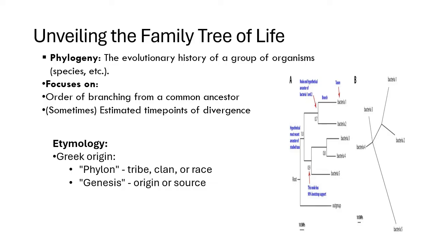Just like physical features can run in families, you can see people have similar eyes, nose, fingers, hair, microorganisms also inherit genes from their ancestors. These genes act as clues in our investigation. So if two microorganisms share a high degree of similarity in specific genes, it suggests they may have descended from a common ancestor.